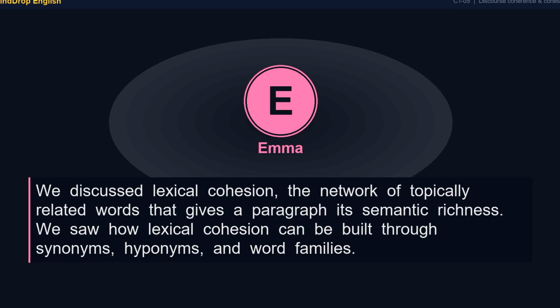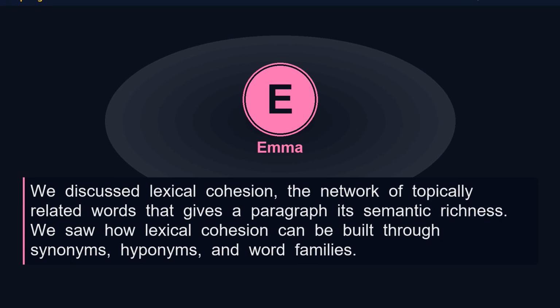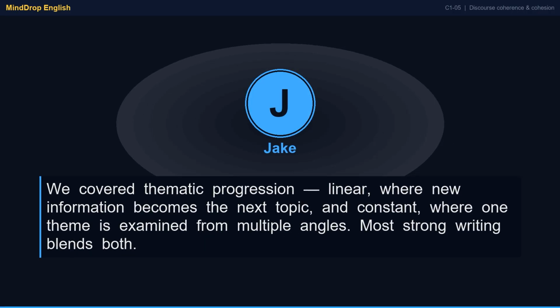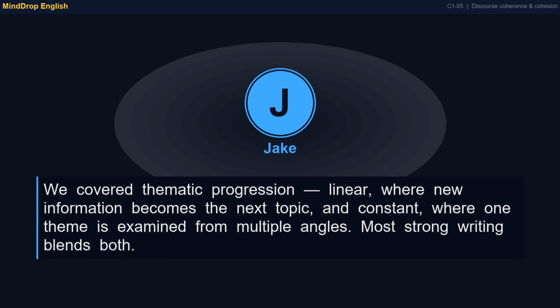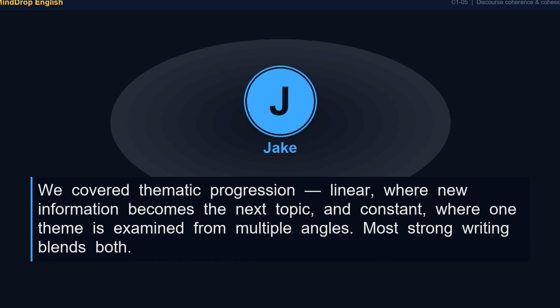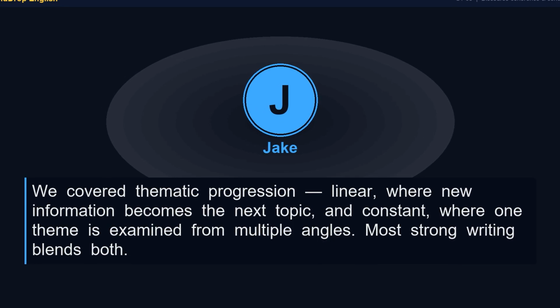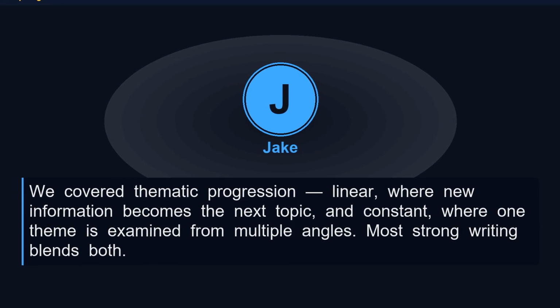We saw how lexical cohesion can be built through synonyms, hyponyms, and word families. We covered thematic progression, linear, where new information becomes the next topic, and constant, where one theme is examined from multiple angles. Most strong writing blends both.